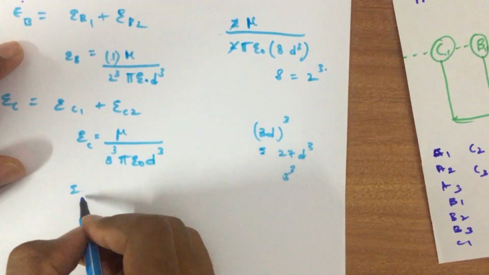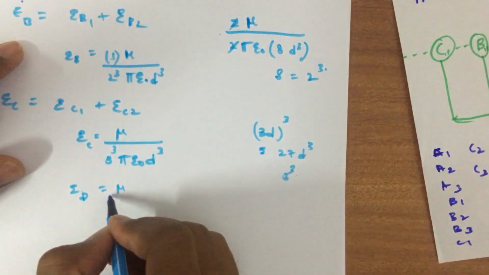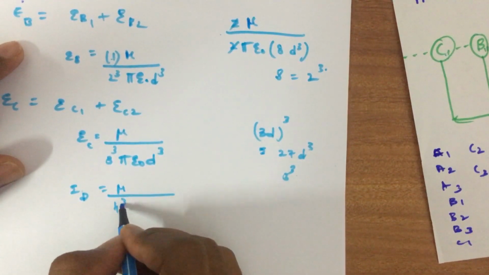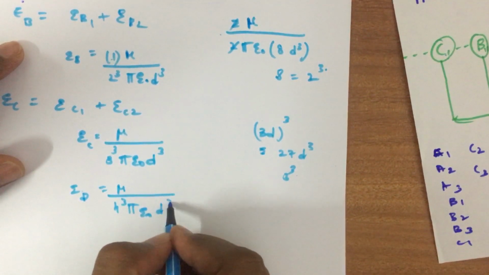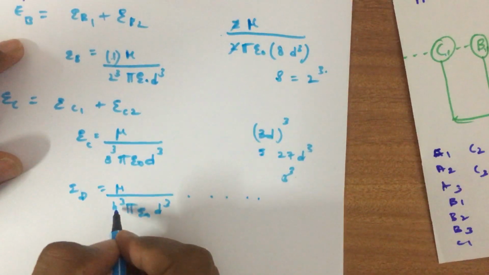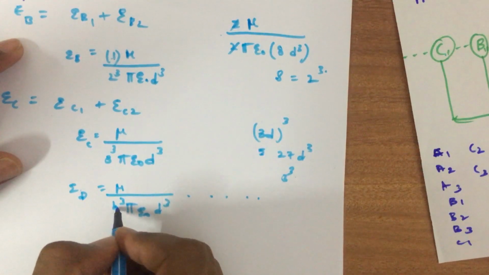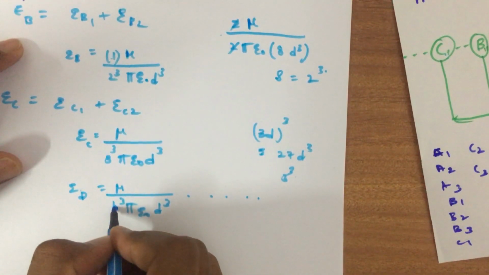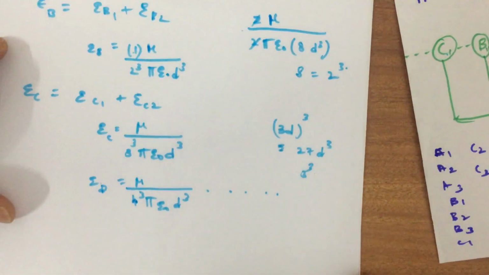So similarly ED will be mu by 4 cube. If you see ED, EF, EG, everything will go on continuing this number. Okay, everything will be same, but only this number will be changing. So we must understand this.